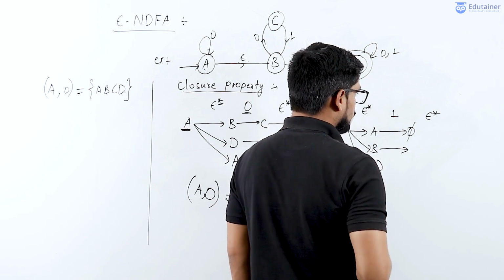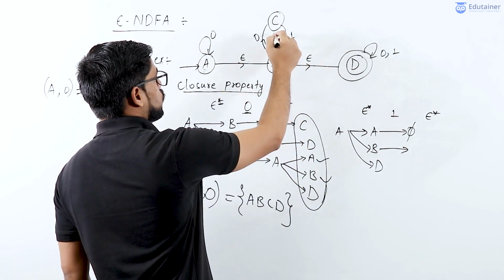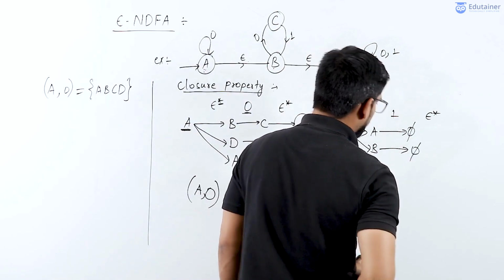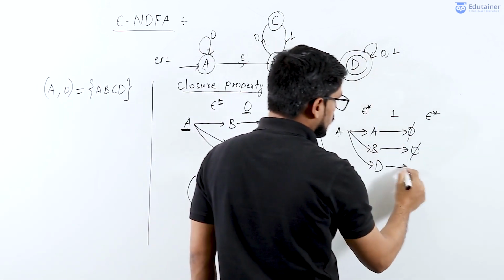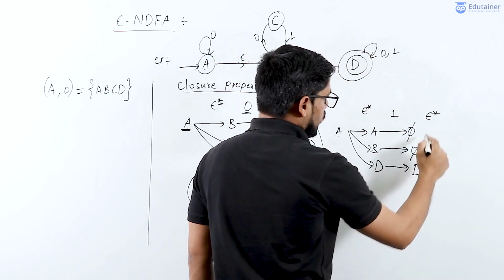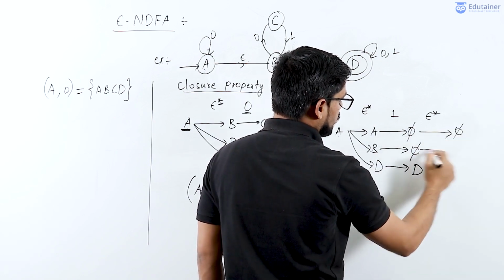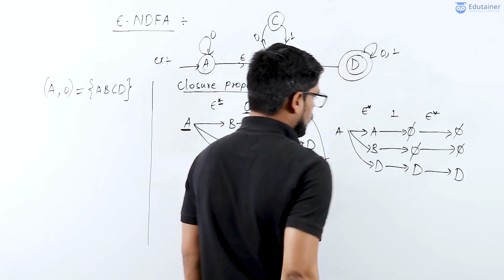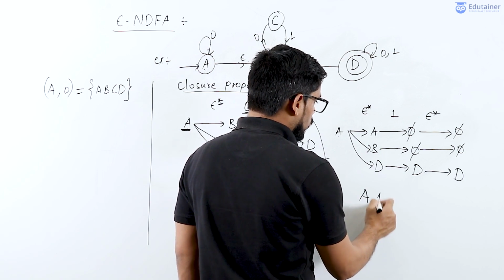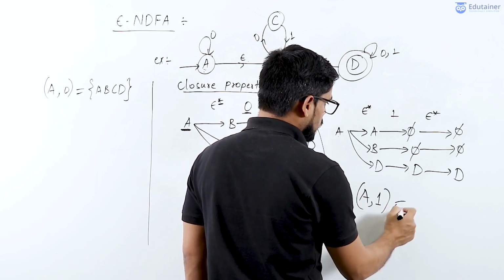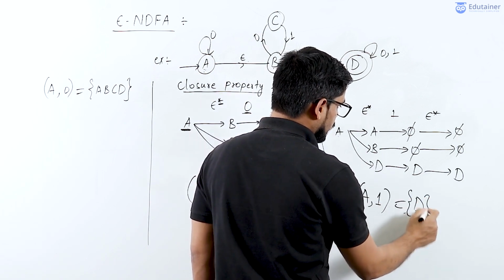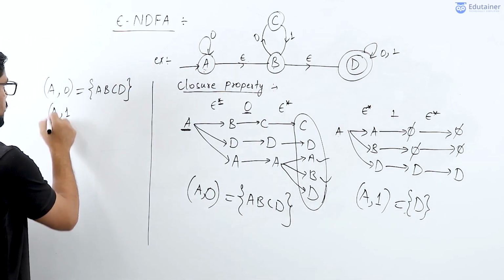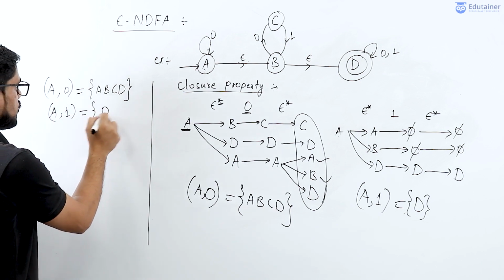B on 1 also has no move defined, so it is phi. D on 1 is D itself, and D on epsilon is D itself. So A on reading input alphabet 1 will go to state D. Note it down here.